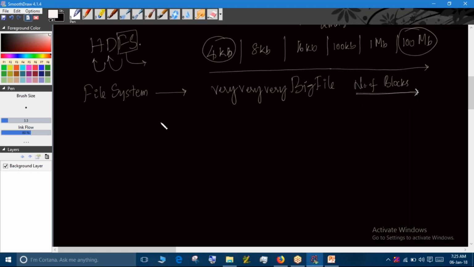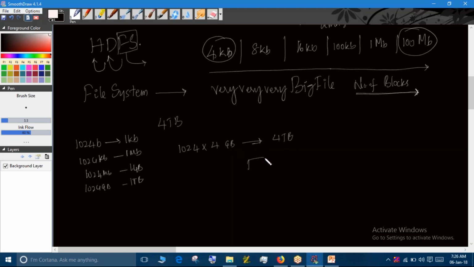Say my file size is 4 TB. You know very well, 1024 bytes is 1 KB, and 1024 KB is 1 MB. 1024 MB is 1 GB, and 1024 GB is 1 TB. So 1024 into 4 GB equals 4 TB.